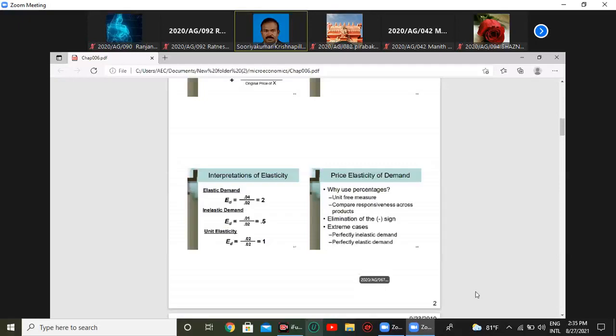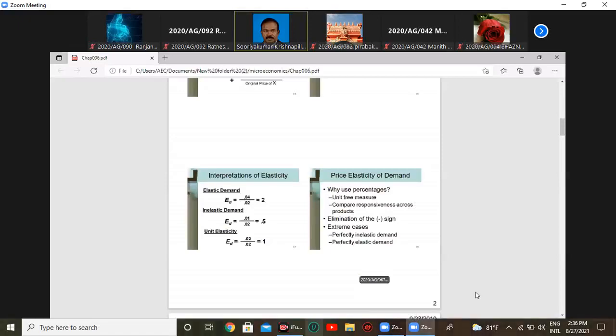Because of unit free measures, we are able to compare the consumer response between products. For salt, price and quantity are very low values. For other products like chicken and beef, price and quantity are large values.